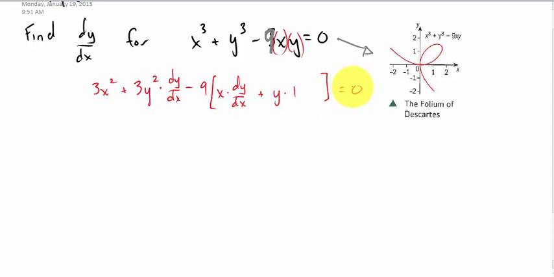Okay, so that's where hopefully you got before we start doing the algebraic manipulation. So we're going to simplify and solve for dy/dx. We want all the terms that have dy/dx on one side, all the terms that don't on the other.